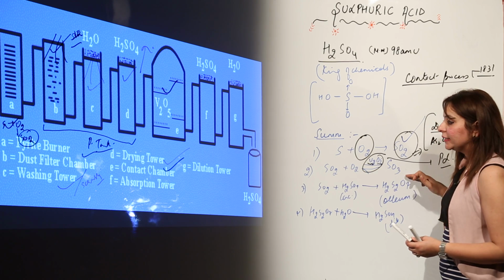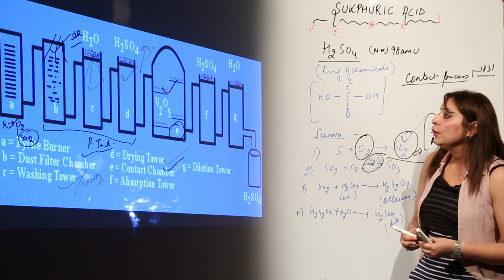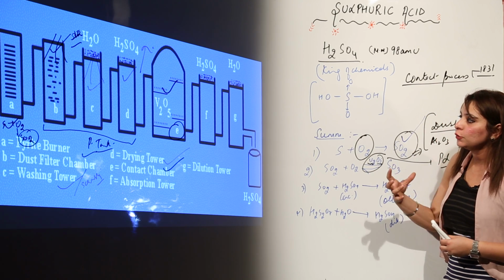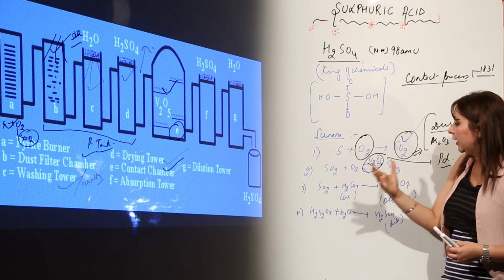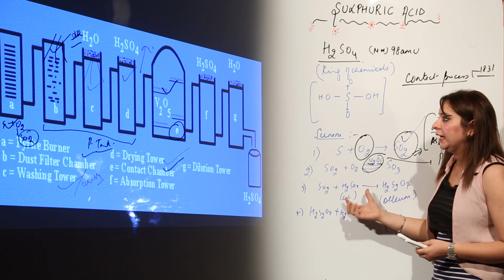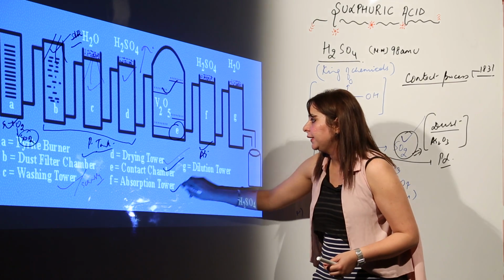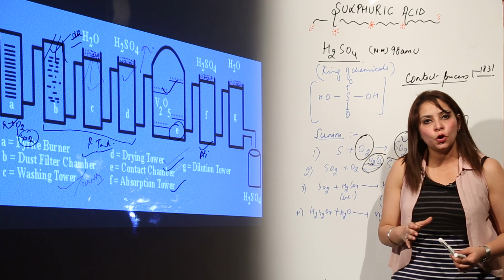So this second reaction takes place in the E tank. At the end we have sulfur trioxide. Then we pass this sulfur trioxide into another chamber called the absorbing tower. The F1 is called the absorbing tower.